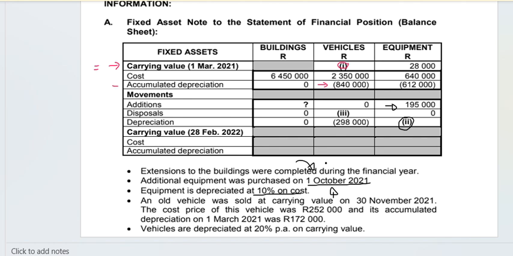It just popped up in October. So what does that tell us? It tells us that we will use the months that this equipment occupied inside the business.